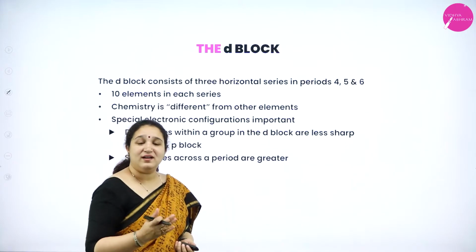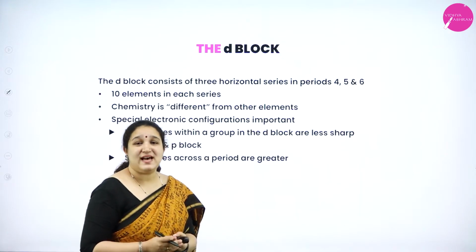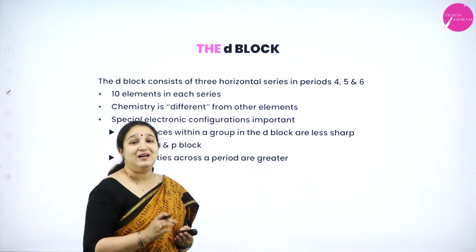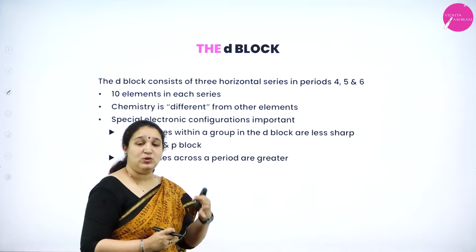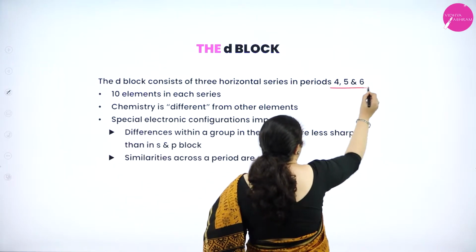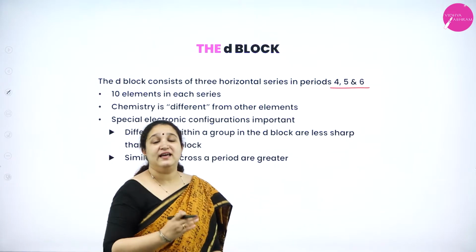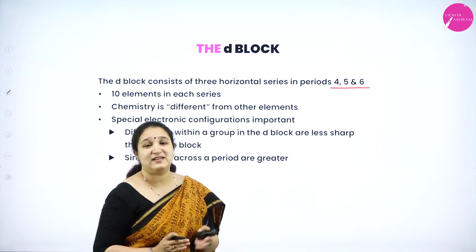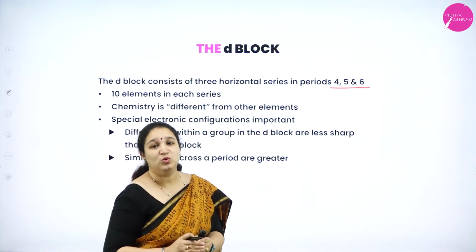Okay. What are D block elements? Where exactly are they placed in the periodic table? First of all, D block elements include 3 periods in the periodic table, that is 4, 5 and 6, and there are 10 groups belonging to D block elements, that is 3 to 12.